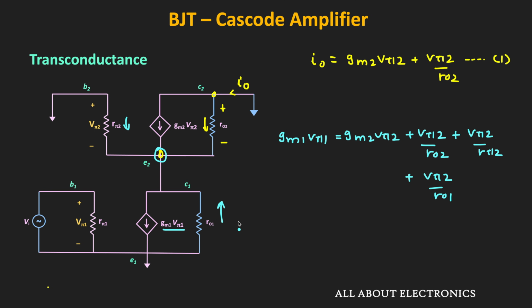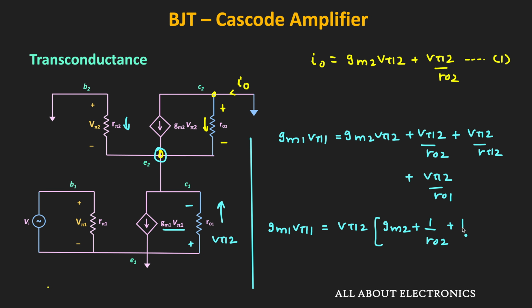Because here the voltage drop across this RO1 is also equal to Vpi2. So all these currents are the incoming currents, while Gm1 times Vpi1 is the outgoing current. Further simplifying, we can write Gm1 times Vpi1 is equal to Vpi2 times Gm2 plus 1 divided by R02 plus 1 divided by R01 plus 1 divided by Rpi2.